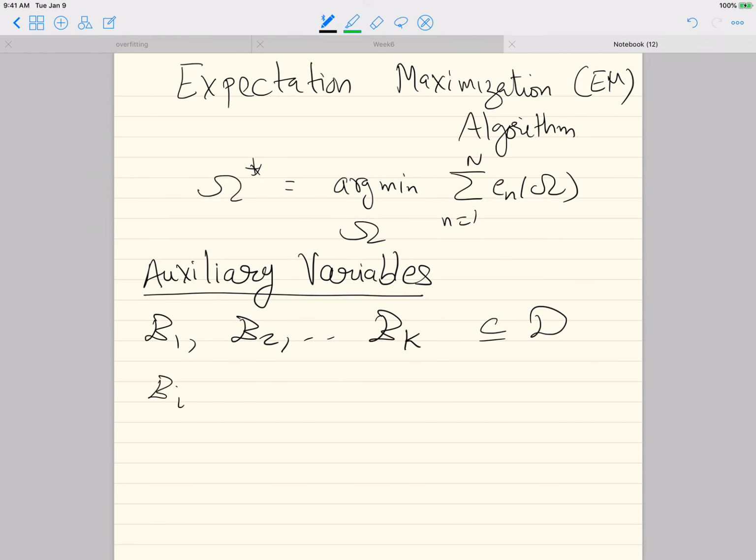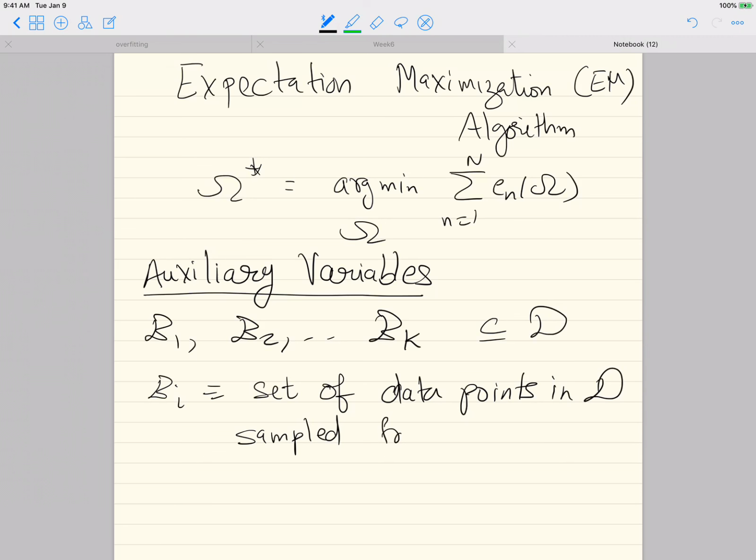Here Bi is the set of elements in D sampled from the density pi of x, which is Gaussian with mean mu i and covariance sigma i.